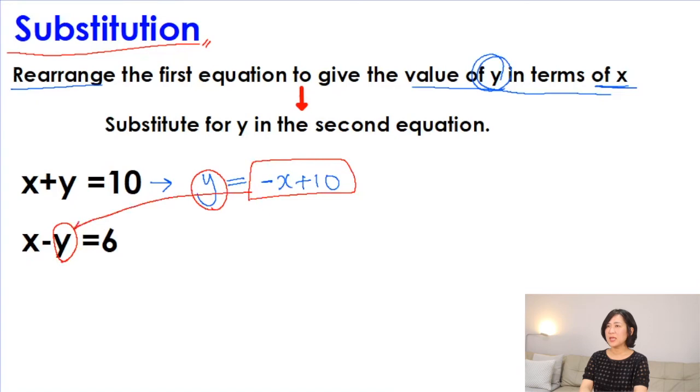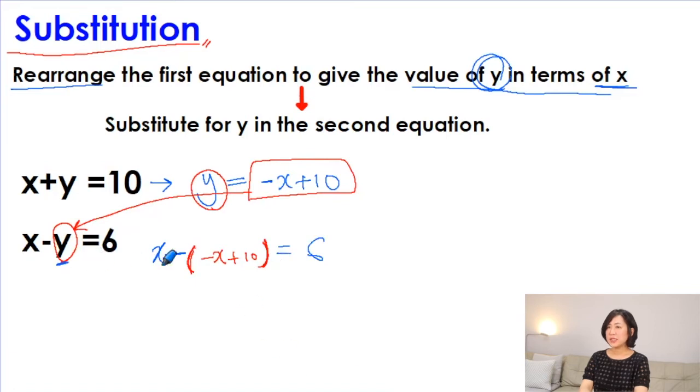Substitute this in for y. Then we can come up with the new equation. Let's write x minus, then let's have a bracket. So minus x plus 10, that is y, right? So the bracket is important, then equals 6.